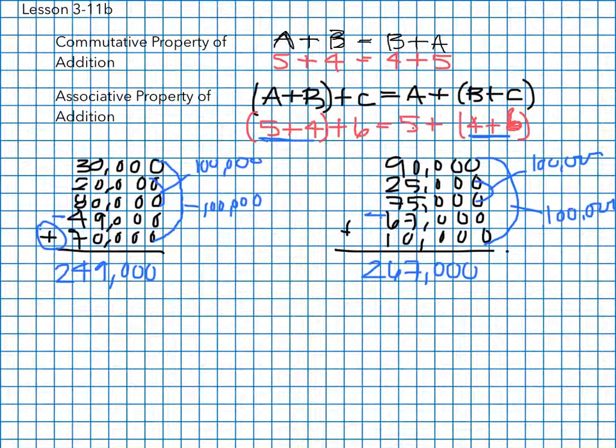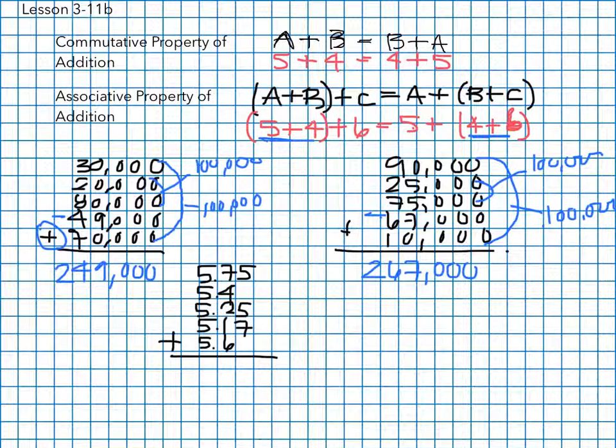Now, does it work with decimals? Well, let's look and see. One more example for this page. Okay, we've got 5 and 75 hundredths, 5 and 4 tenths, 5 and 25 hundredths, 5 and 17 hundredths, and then 5 and 6 tenths. Now, let's add those together.